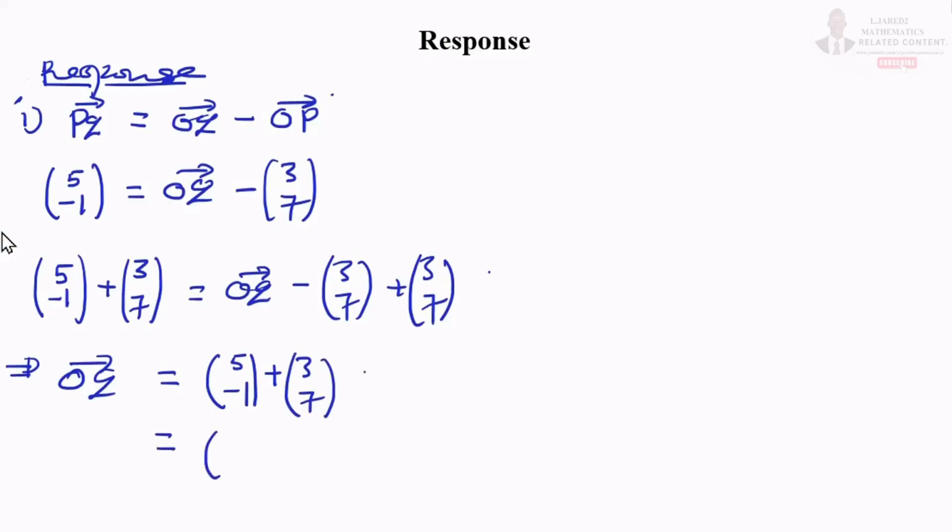This is addition: 5 plus 3 gives 8, then -1 plus 7 gives 6. Therefore, position vector OQ equals (8, 6).